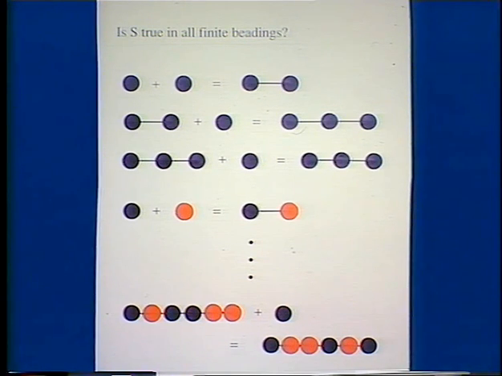So 4 plus 1 is equivalent to 3 plus 1 by the replacement theorem. And 3 plus 1 is 4, which is equivalent to 3. And so what we've shown is that 5 beads is 2 equivalent to 4 beads, which is 2 equivalent to 3 beads. And so it goes on. You can see that adding another black bead at the end here is never going to give you a new equivalence type. So in this way, we can make a complete list of all the 2 equivalence types of all black finite beadings.